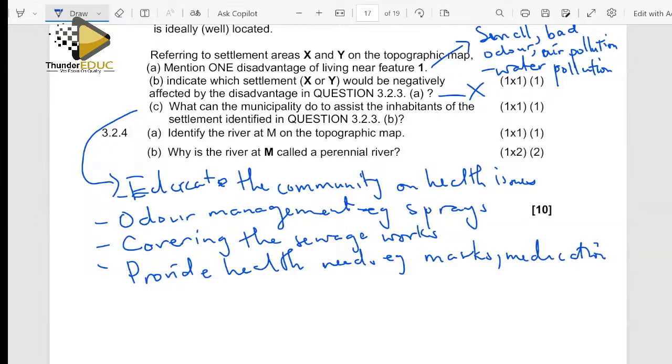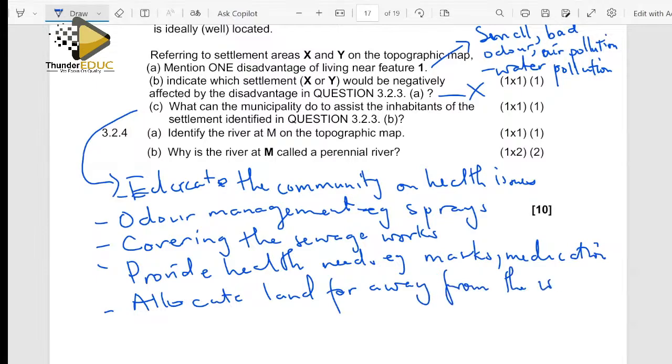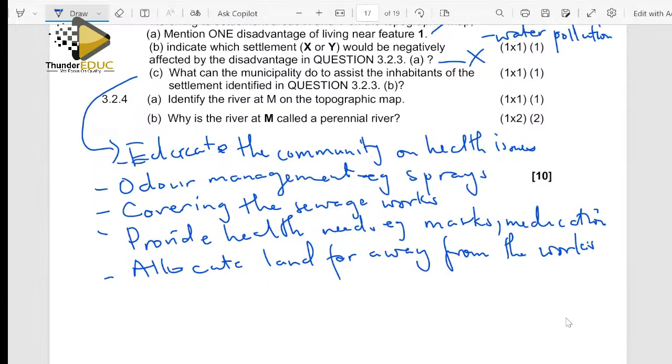That can be another measure. And maybe lastly, you can try to allocate land away from the sewage works. Those are suggestions that can be implemented, but are not limited only to those ones.